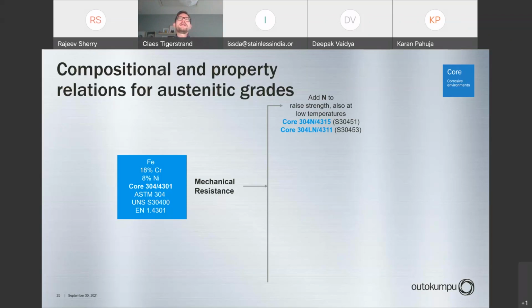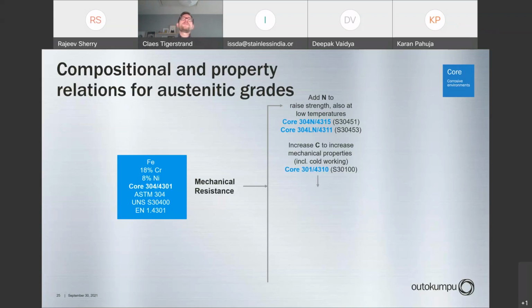So here we have grades that can greatly benefit be used for cryogenic tanks where you can utilize strength, but you need good properties at low temperature. And there you have grades like Core 304N and Core 304LN. So you have nitrogen added there. What the L indicates, I will come back to, but there are similar grades added with nitrogen.